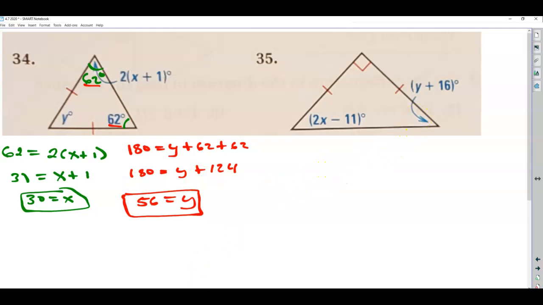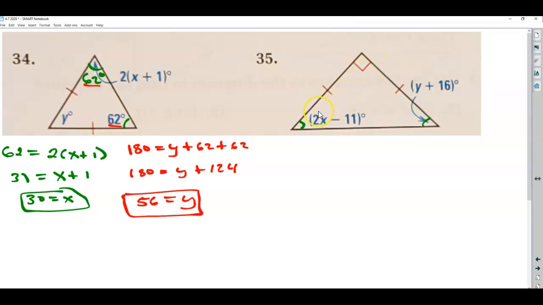All right, last one here on this page. Notice it's a 90-degree isosceles triangle. So that tells us something different. We do know that these two angles are congruent, but I also know that these two angles are congruent and they have to add to 90 each because this one is 90.